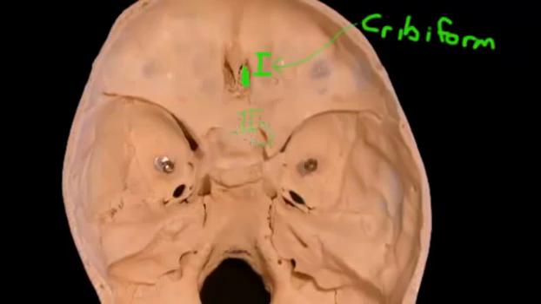There it is there, that foramen there, called the optic canal. And that makes sense because it's the optic nerve and it will be leaving through the optic canal.